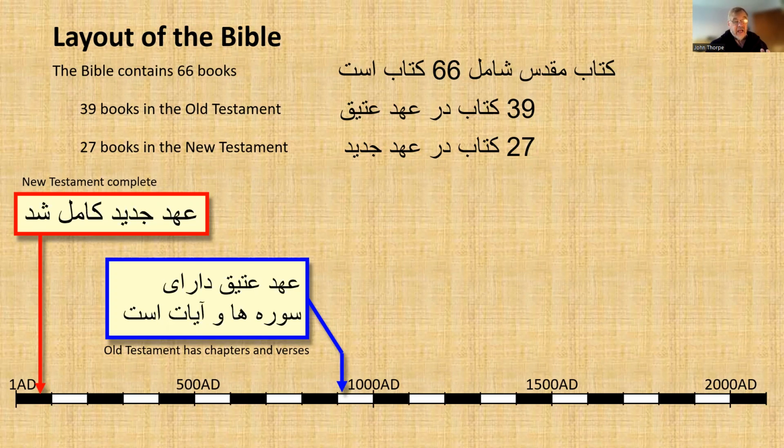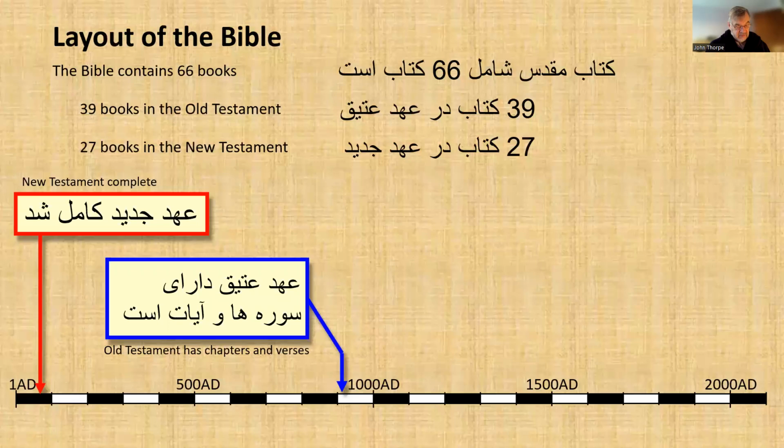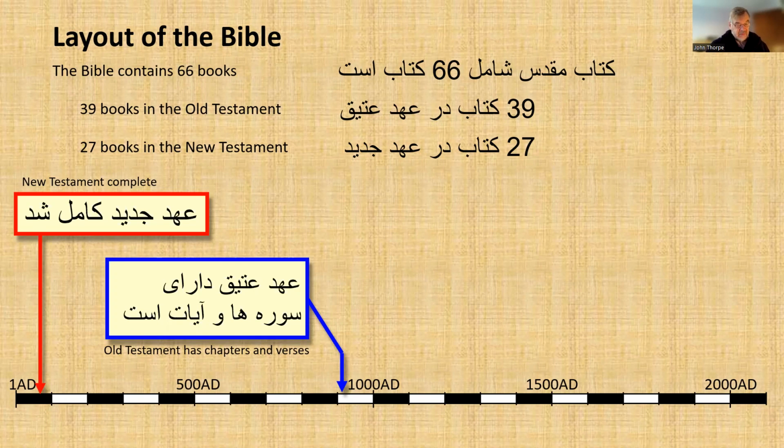And that is actually the same in all Bibles, that it doesn't change the text, it's just a division, but it's the same in every Bible. Again, it can be slightly confusing.